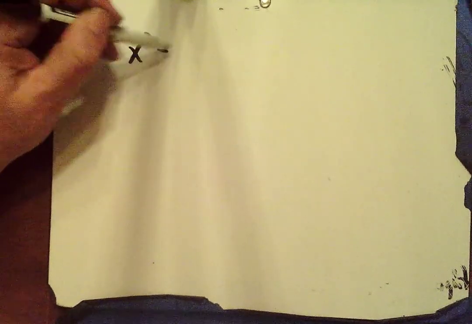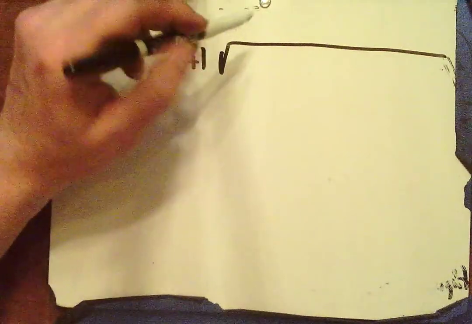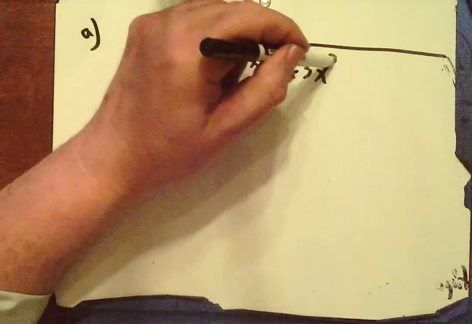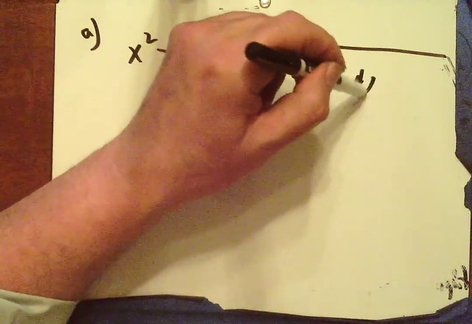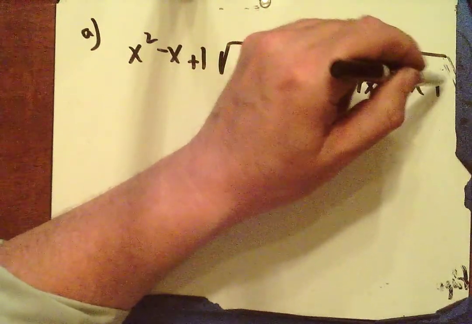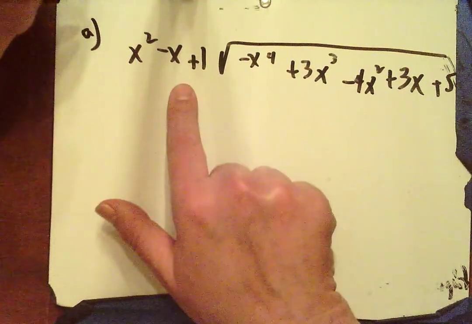Let's take a look at number 11's long division. Part A says x squared minus x plus 1 into negative x to the 4th plus 3x to the 3rd minus 4x squared plus 3x plus 5. Oh my goodness. Yeah, can't do this with synthetic.